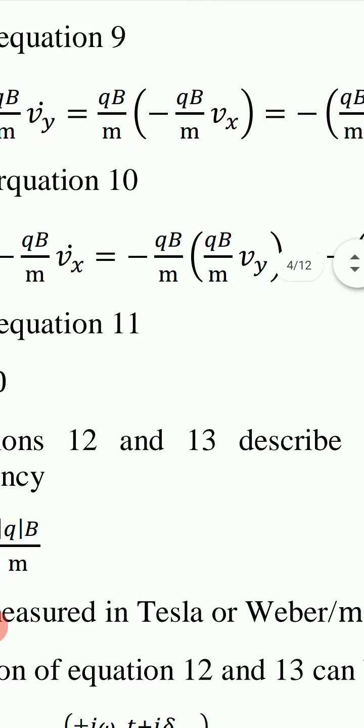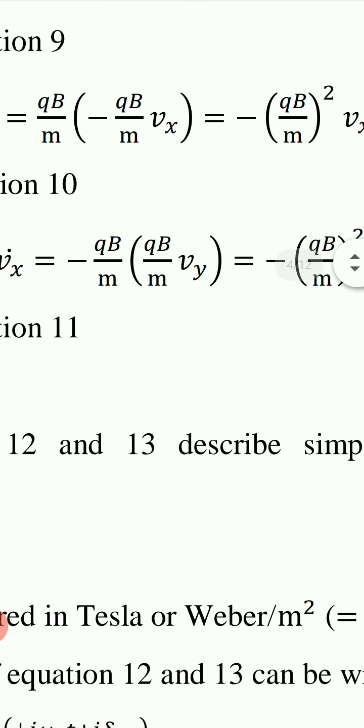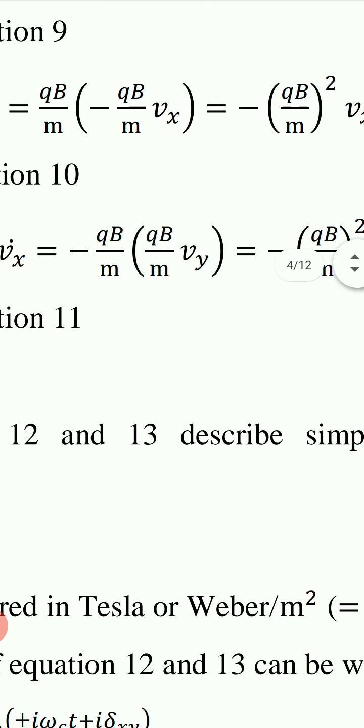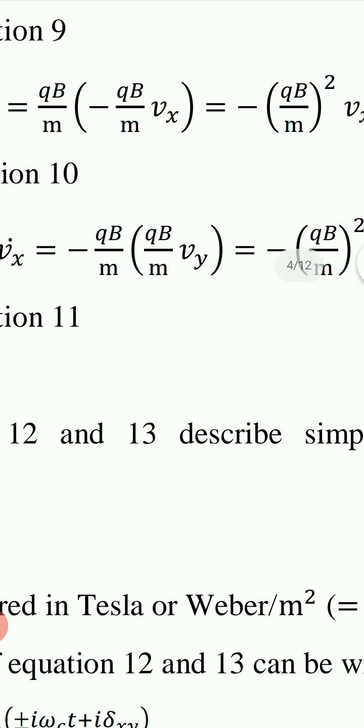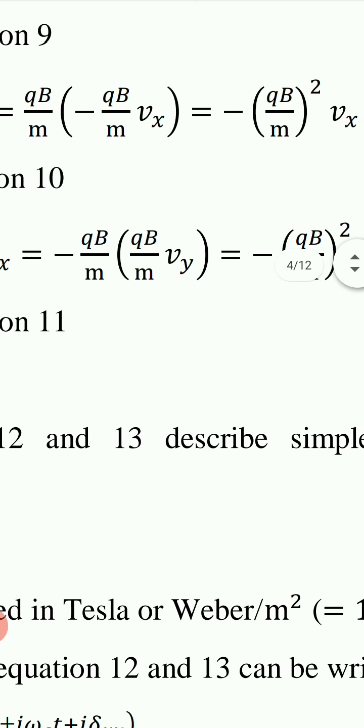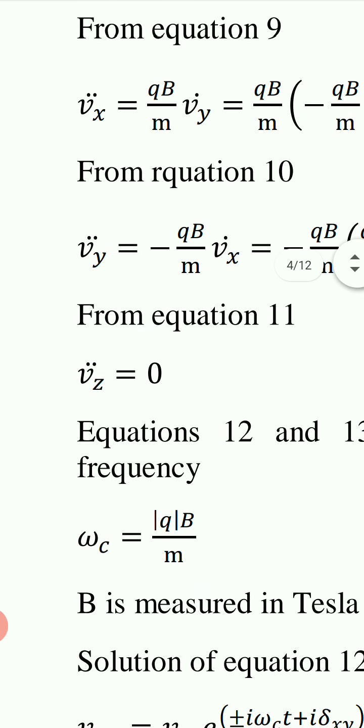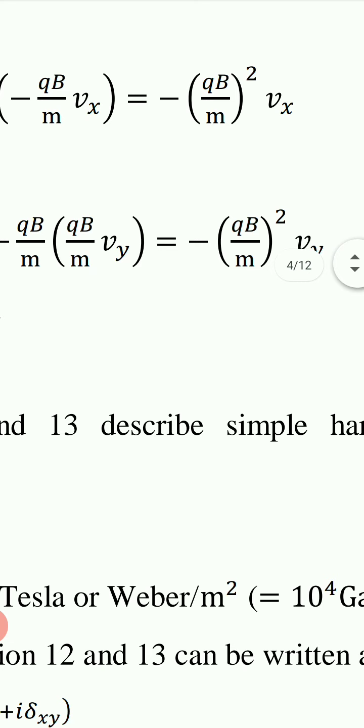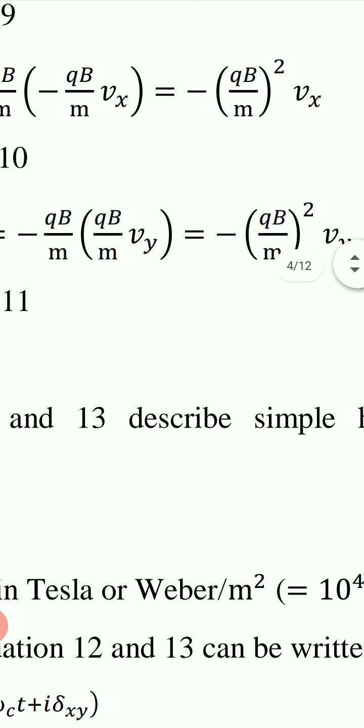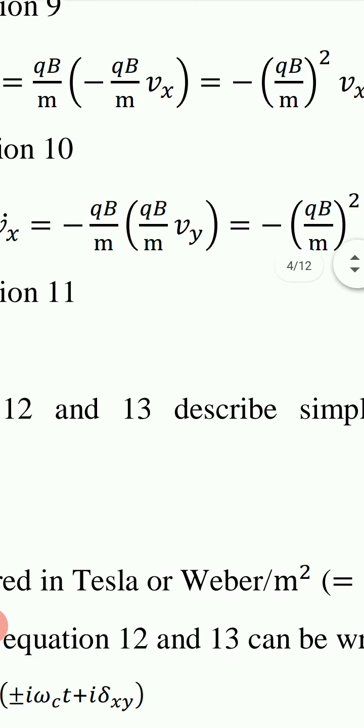The minus is taken outside and q b upon m appears twice. So we have minus q b upon m whole square vx. Vx double dot is equal to minus q b upon m whole square vx.